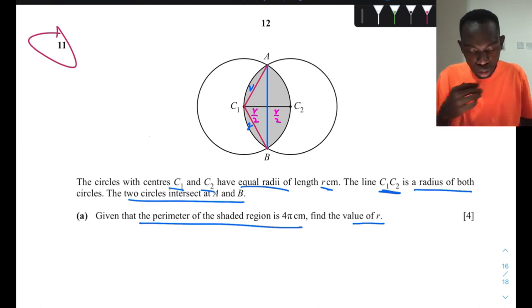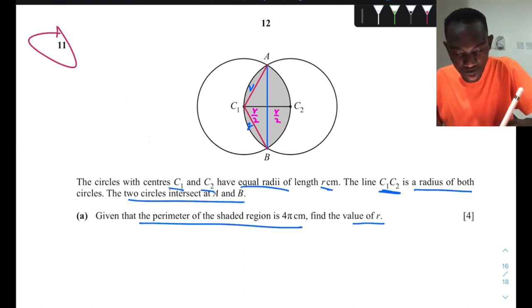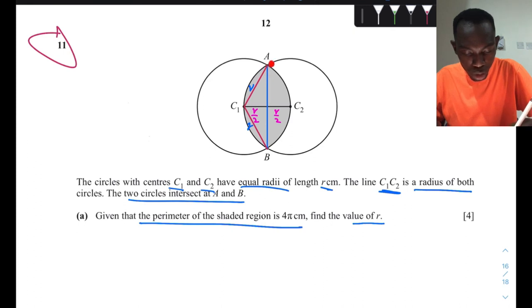Now do you know this angle? You do not know, so it doesn't matter, because this is going to be 90 degrees.